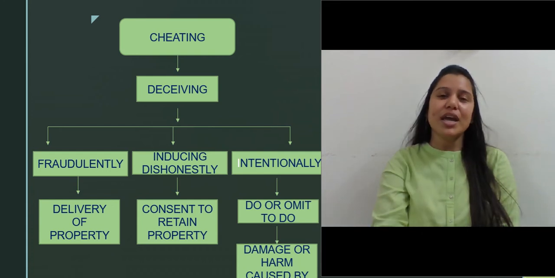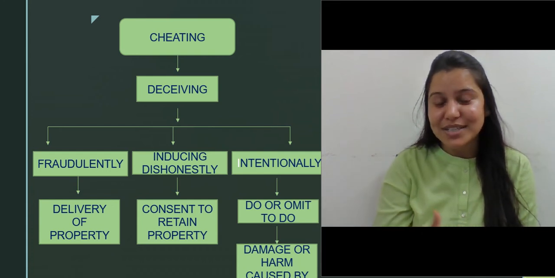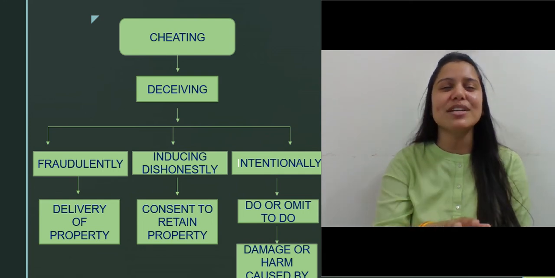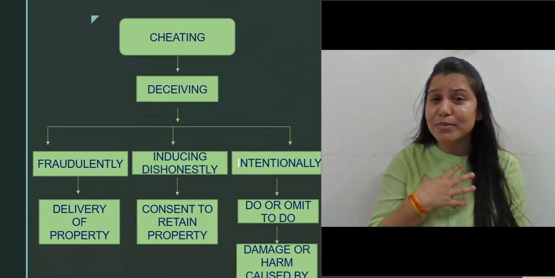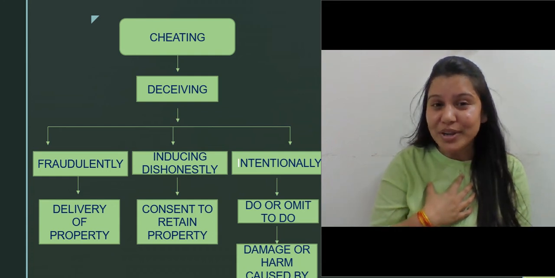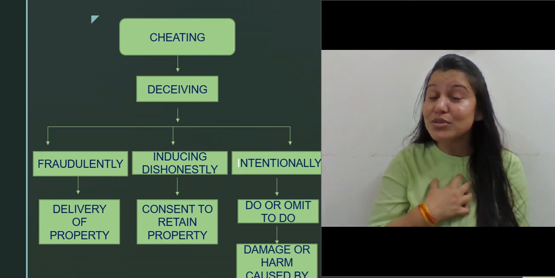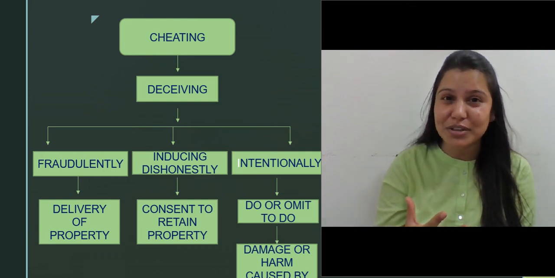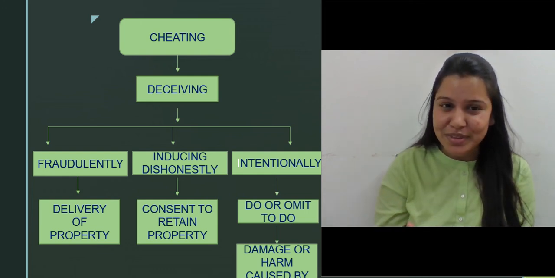Now for instance, if I pretend to be something, as I said, right, and because of which the other person actually consents that okay, it's okay if you keep the property, because of my goodwill, right? So here the consent is to retain the property because of the deception that I've given to the other person, because that other person is being deceived, right?